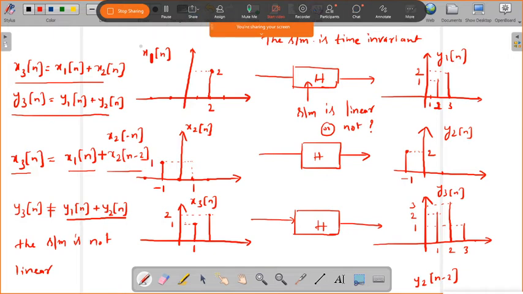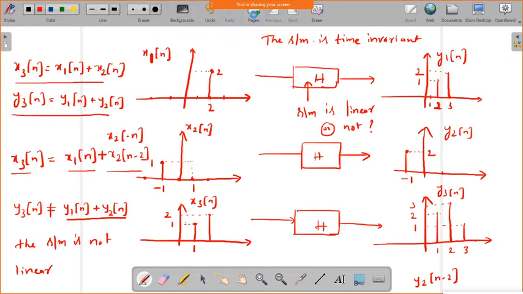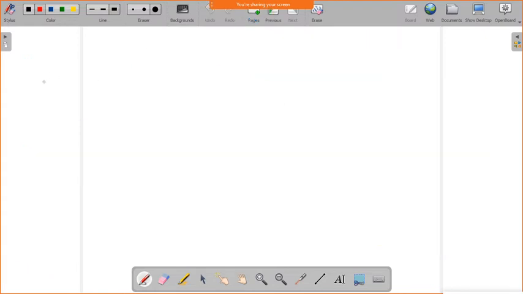Yeah. Okay. So now we'll go to another problem. You can take a similar problem and try to do it. I'll just give x3, x1 and x2. Okay, x1 of n is given by, here it is 1 and here it is 2.